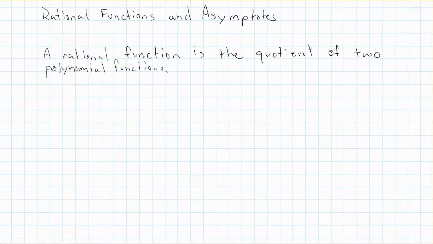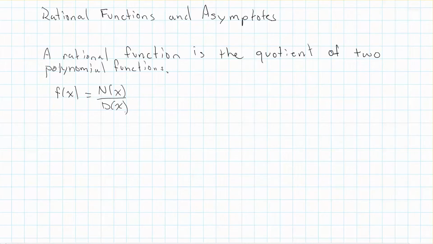So you can see why we would talk about polynomial functions first, and I even said that rational functions and polynomials are somewhat related, and the reason of course is that a rational function is going to consist of two polynomials. And again, what we have here is that f of x is going to be n of x over d of x.